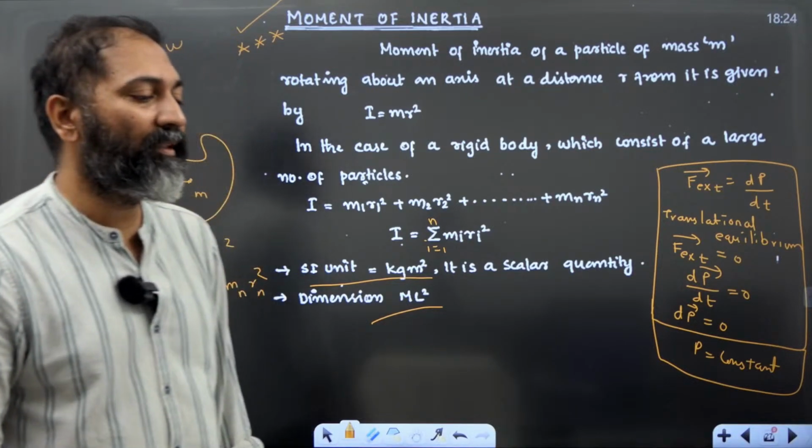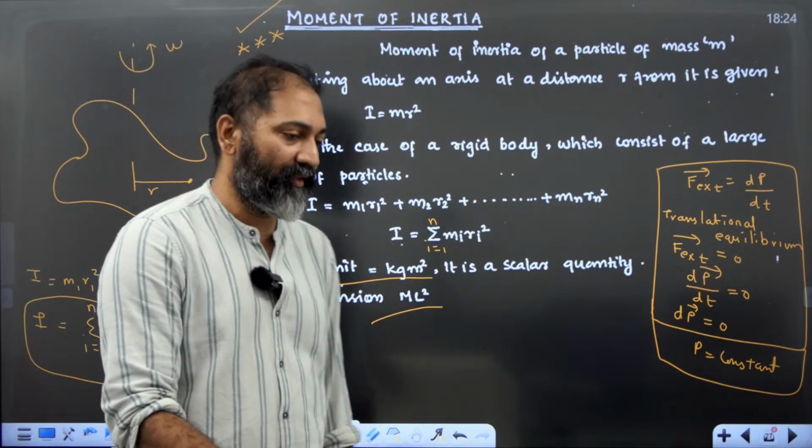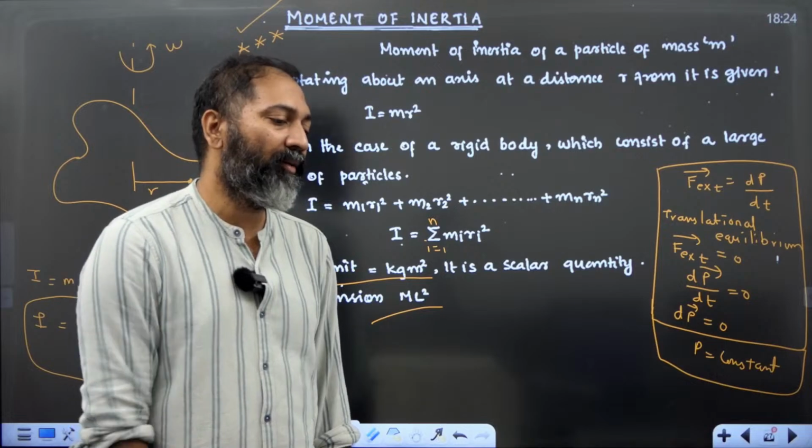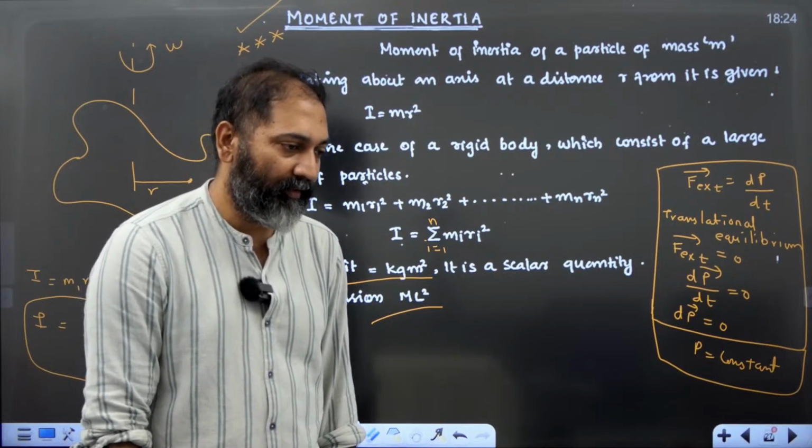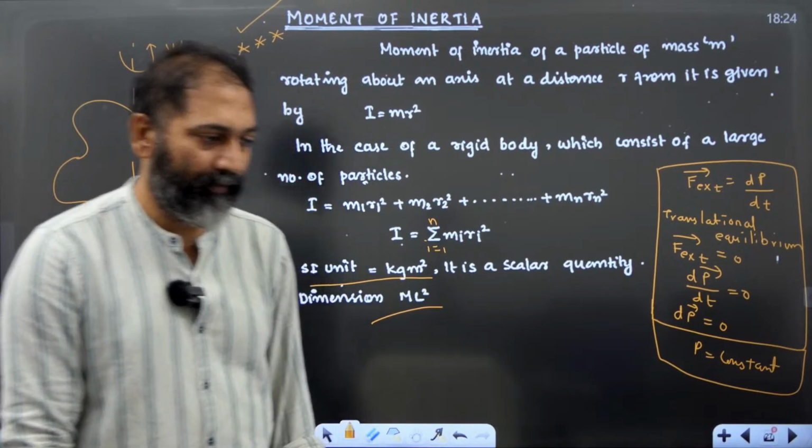Velocity is constant and mass is obviously a constant, so momentum will be a constant. Anugraha, is it clear? Yeah, clear.